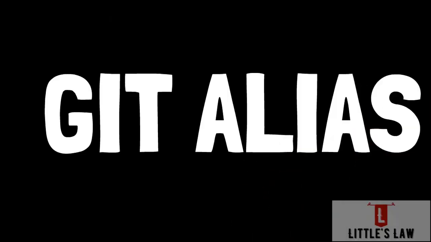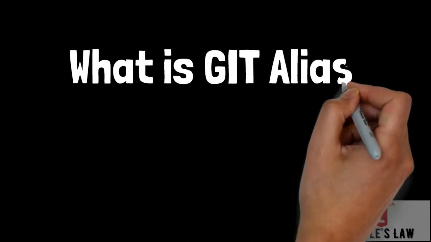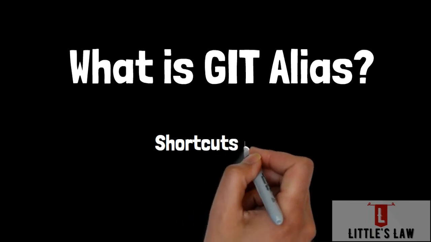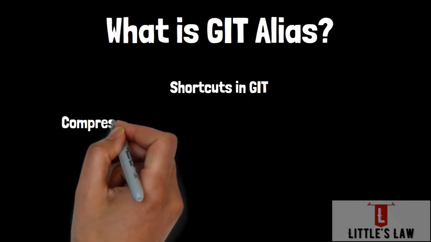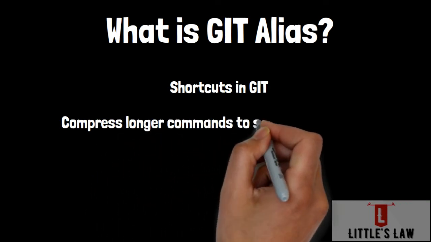Let's now see about the Git alias. Before we see what is the use of Git alias, let us see what a Git alias is. A Git alias is a term associated with shortcuts in Git. This Git alias helps us in compressing a longer sequence of commands to a shorter sequence.